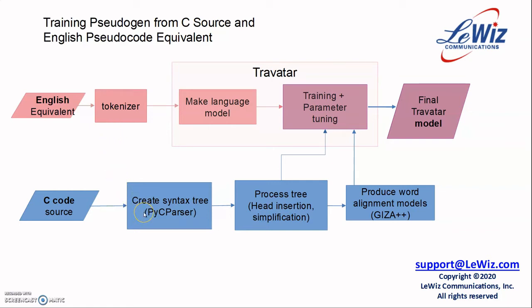C is parsed into a syntax tree, and further processing is done with head insertion and simplification. A language model is made from the tokenized English, and word alignment models are made from the parsed C code. Travatar is then trained with the processed data, and out comes a trained Travatar model.